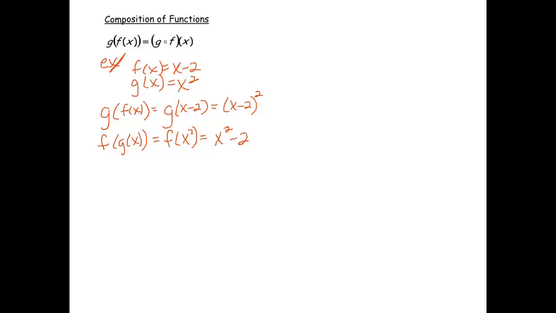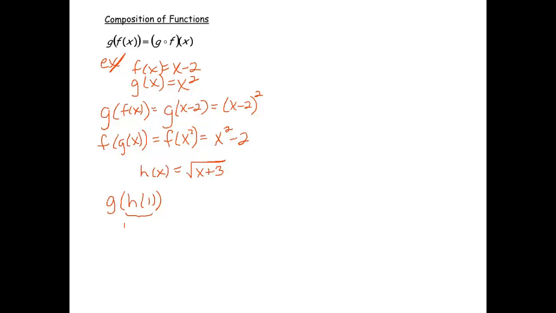Let's try something different. Let's add in a radical. So h of x is the square root of x plus 3. Now let's try g of h of, let's do a number this time, of 1. So let's start with the input. In this case, the input is h of 1.